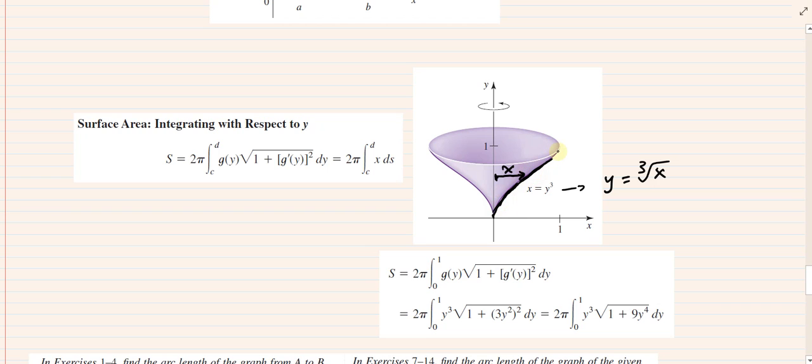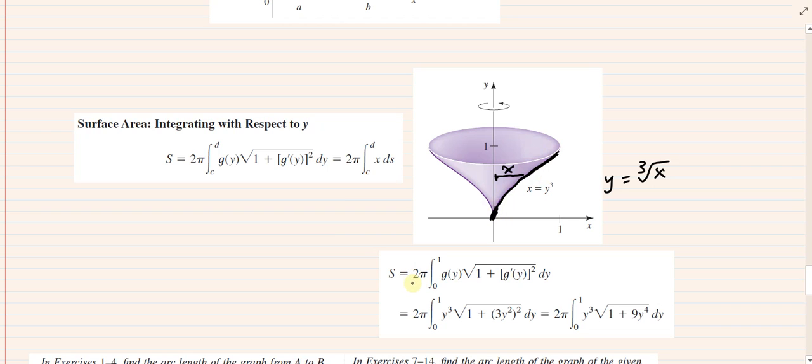Now y equals cube root of x is going to look something like this, right? So that's fine. And we are revolving this portion of the curve right here. This portion is being revolved about the y-axis.